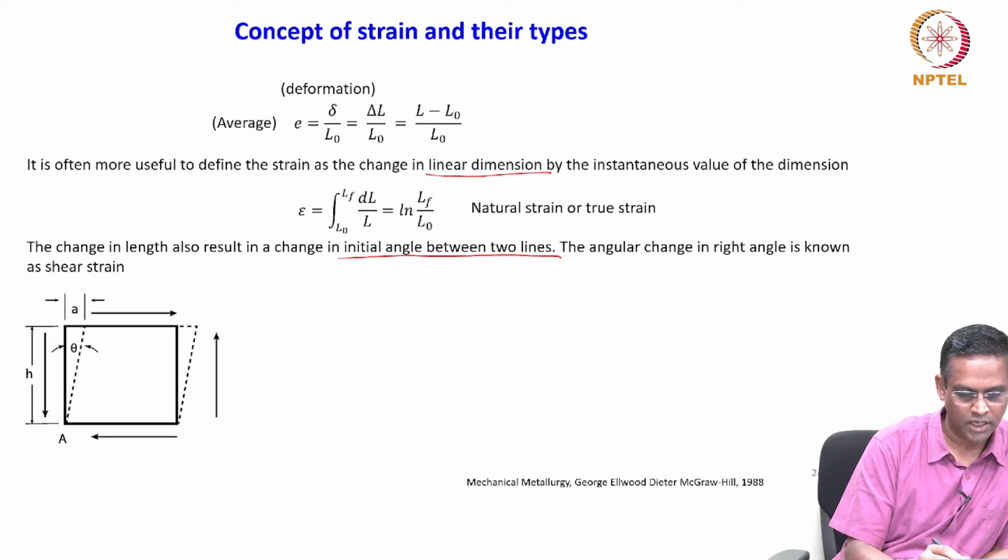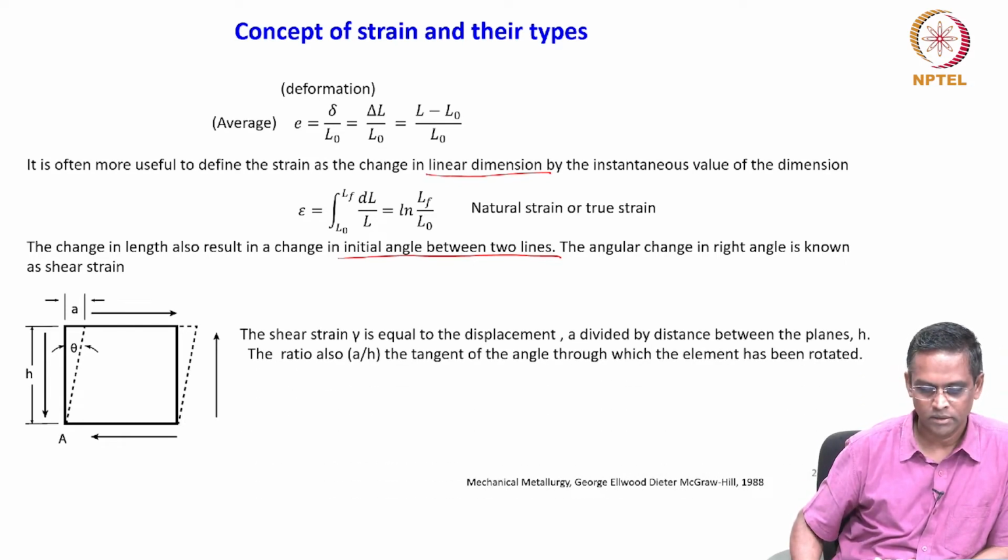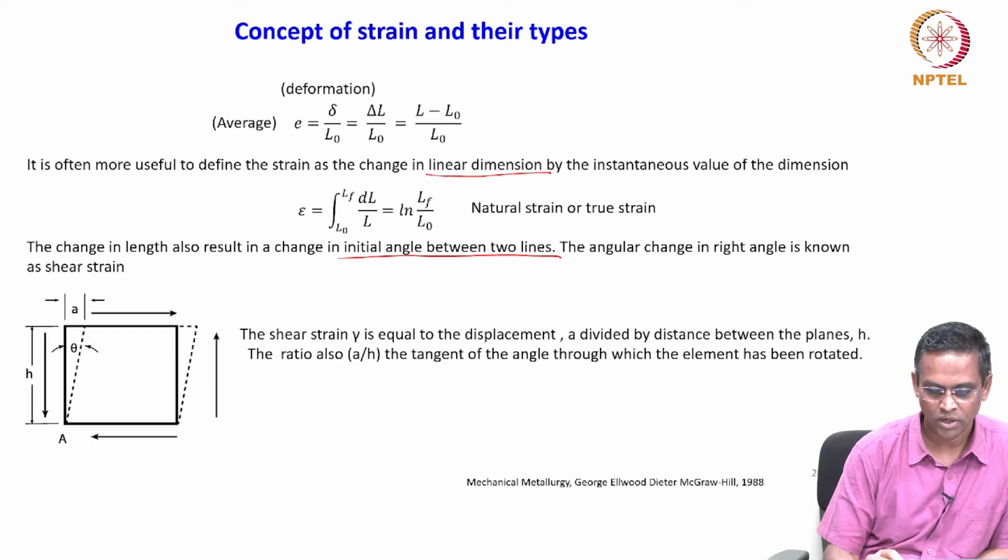So, this shear is measured by the displacement A divided by H, which is nothing but a tangent. The shear strain gamma is equal to the displacement A divided by the distance between the planes H. The ratio A by H is the tangent of the angle through which the element has been rotated.